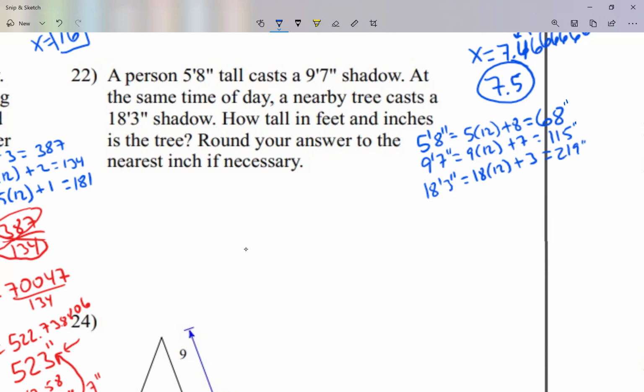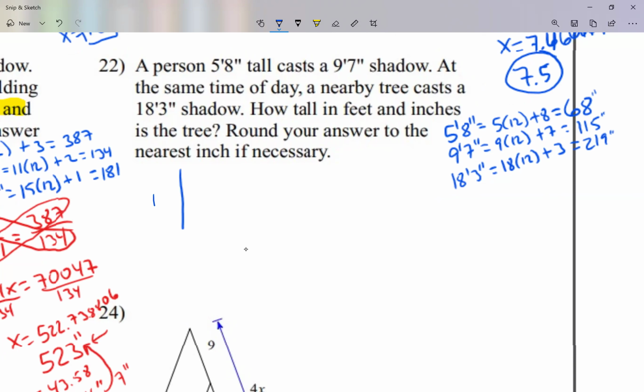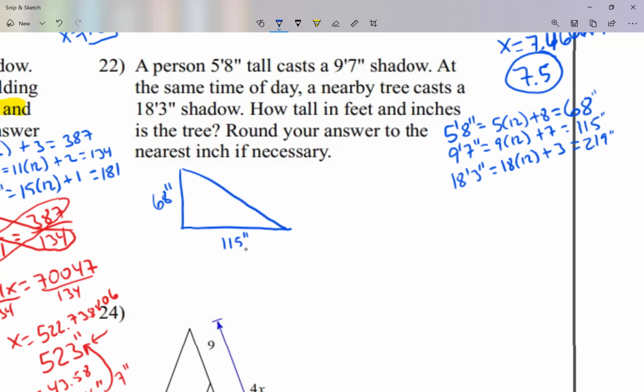Like I said, I changed all my information to inches only. So let me do this real quick. There was a person that is 68 inches tall that has a shadow of 115 inches. At the same time, there's a tree.